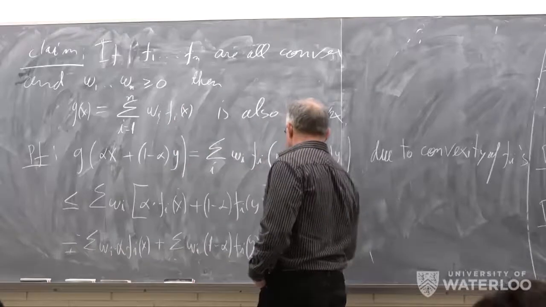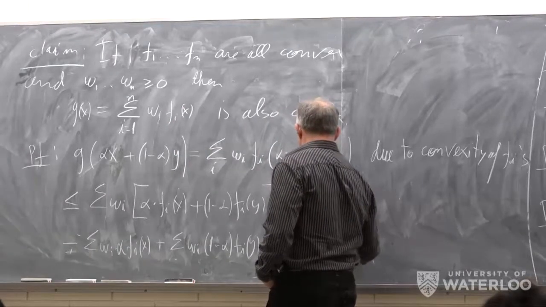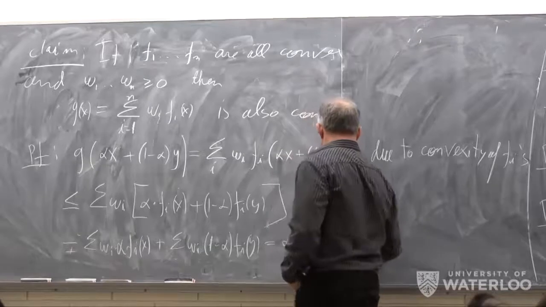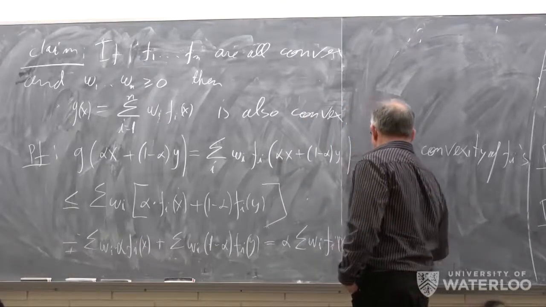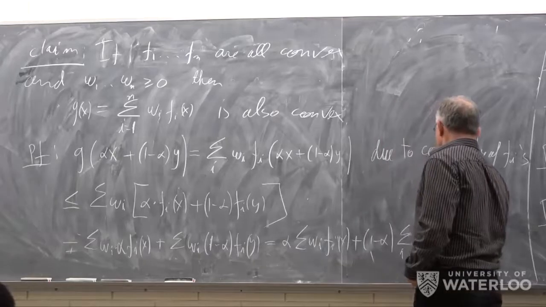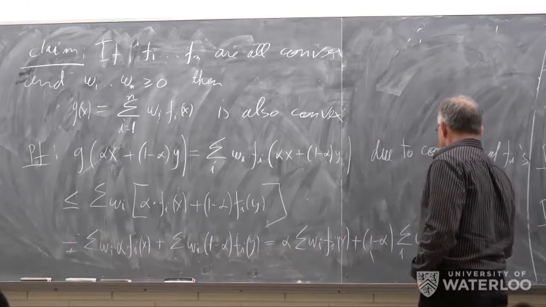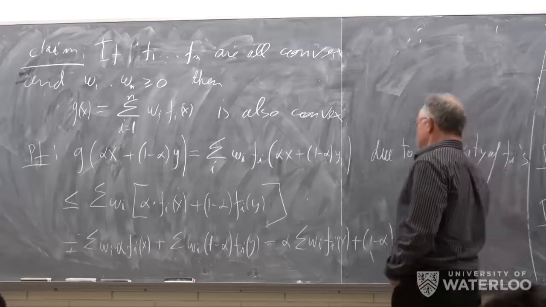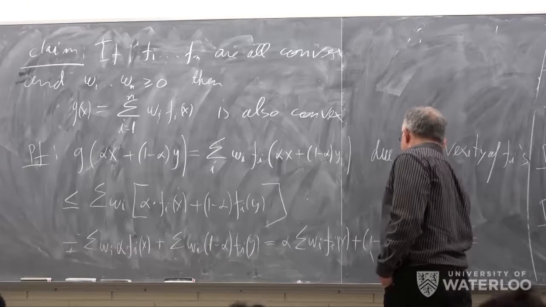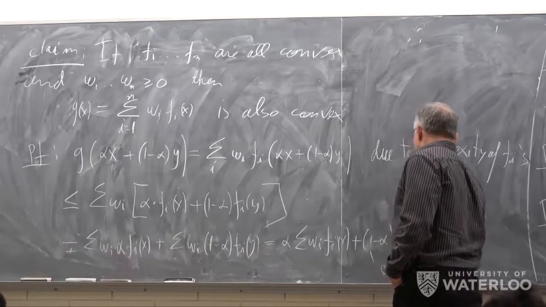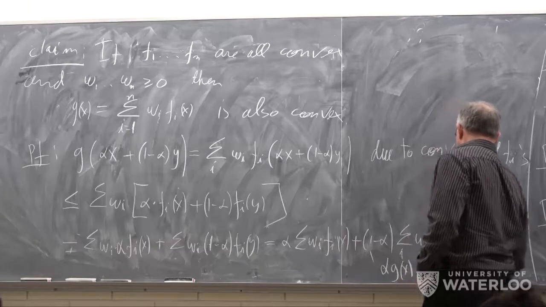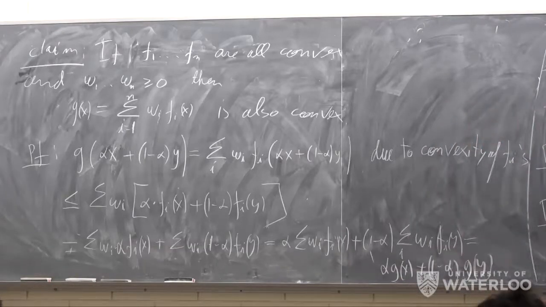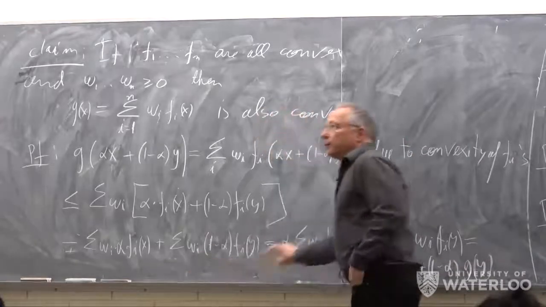So it's alpha sigma wi fi of x plus 1 minus alpha sigma wi fi of y. And this is just alpha g of x plus 1 minus alpha g of y. And it's one of those proofs that maybe it's easier to do on your own than to follow the derivation on the board.